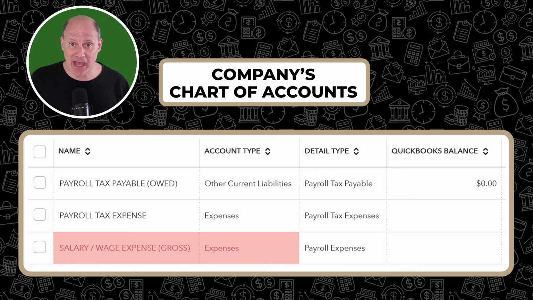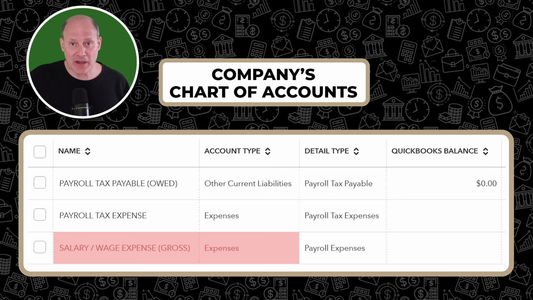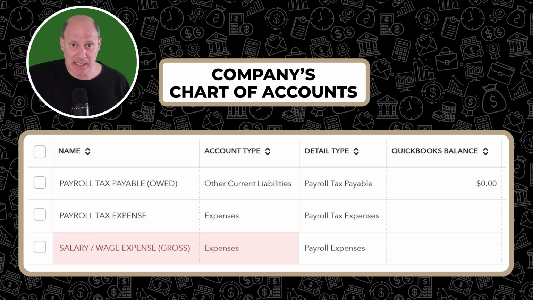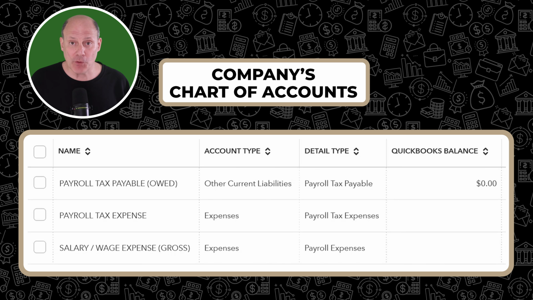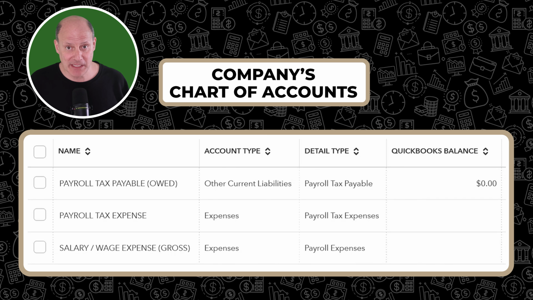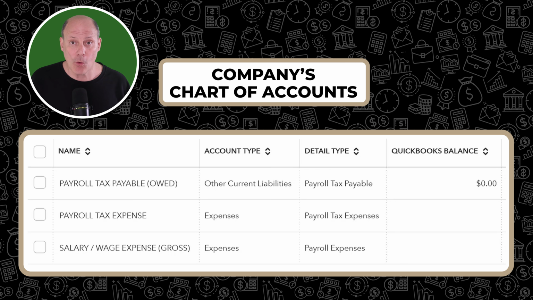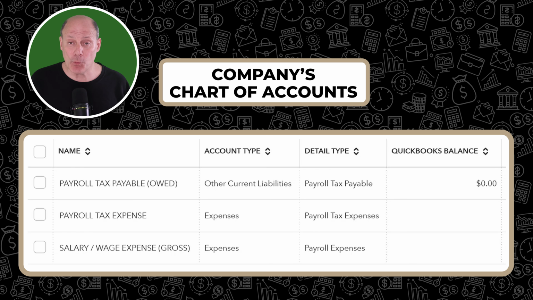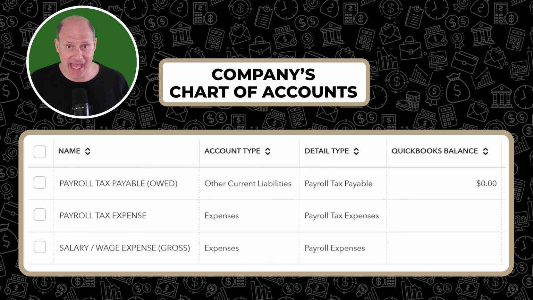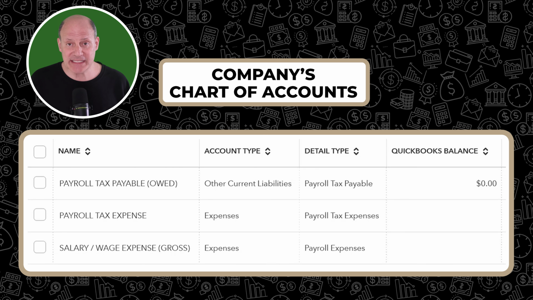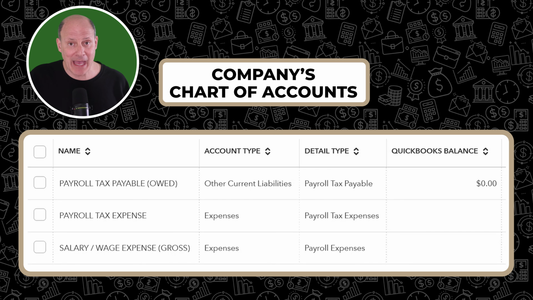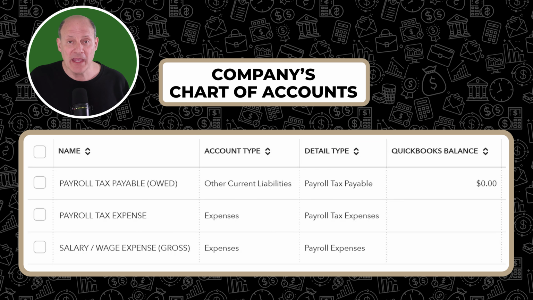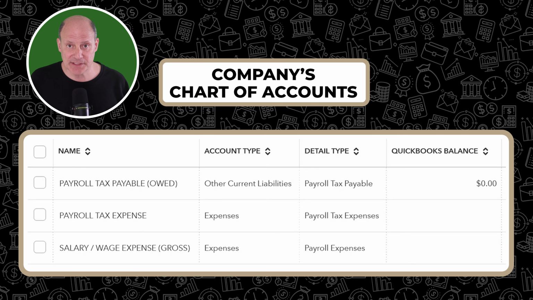So you have to have one expense account that represents the gross pay. Sometimes it's called salary expense if the workers get paid a salary. Sometimes it's called wages expense if the workers get paid hourly instead. But you must have this expense account in the chart of accounts to record the actual amount earned by the worker at the moment the company pays.